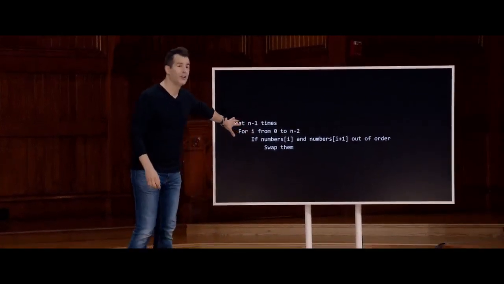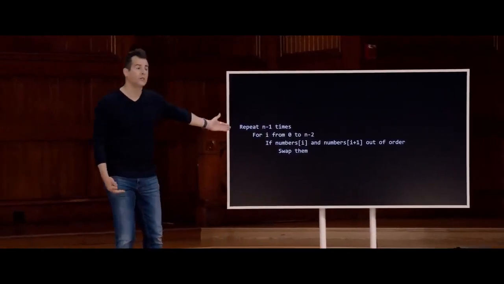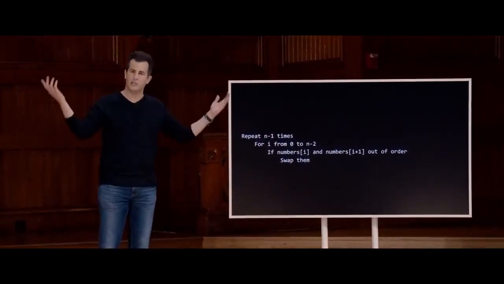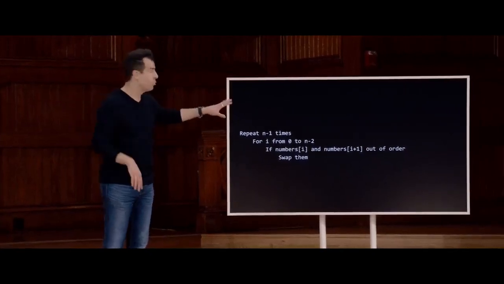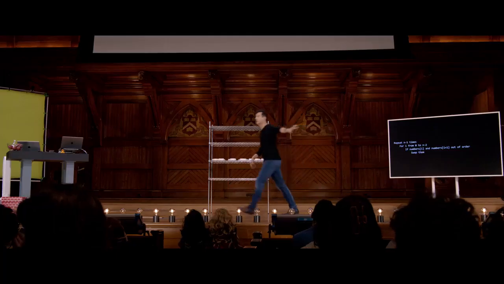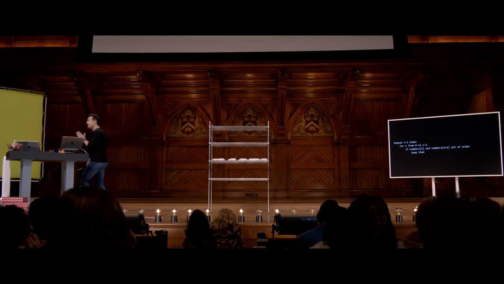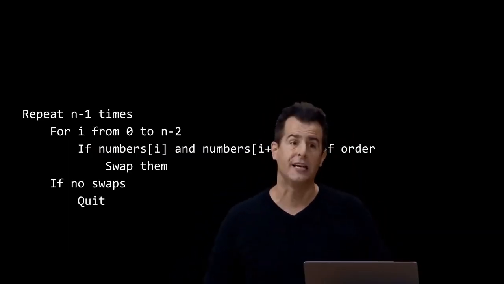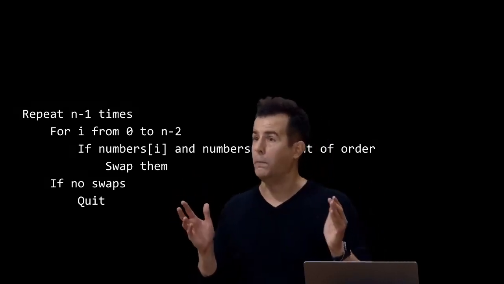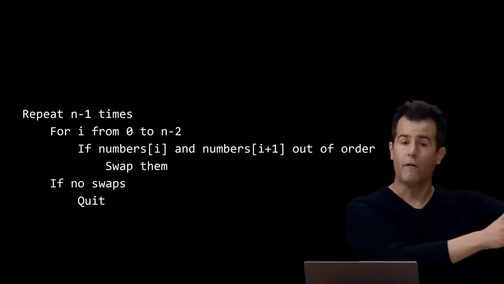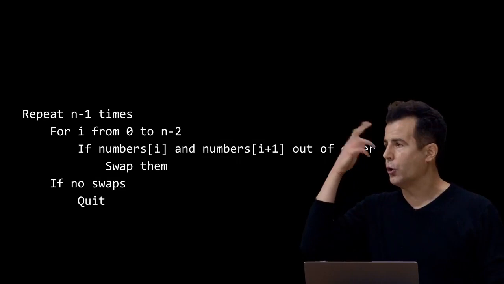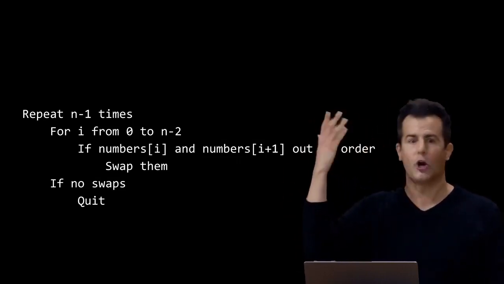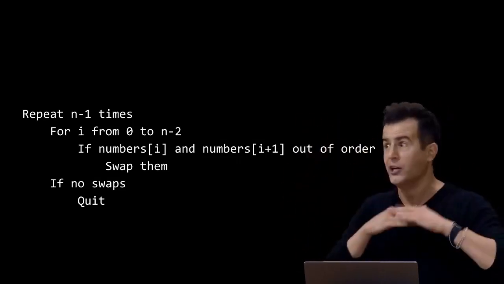But what if the list is already sorted? Our pseudocode at the moment has no allowance for if list is already sorted, quit early. So we're going to blindly do n minus 1 things n minus 1 times unless we modify our pseudocode. As I did verbally earlier, I propose this. Inside of that outer loop, if you make a pass across all of the volunteers and your mental counter has made no swaps, you have to keep track with some kind of variable, well, then you might as well stop.